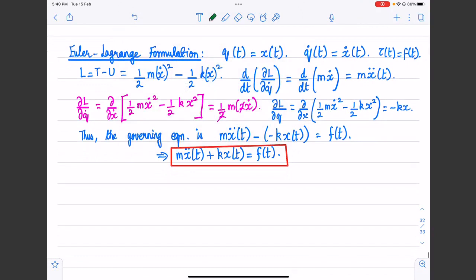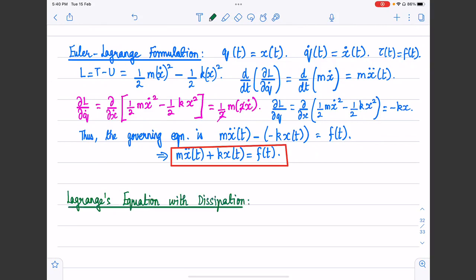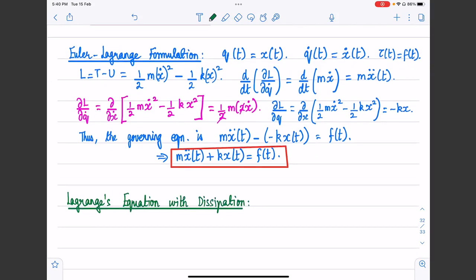All right. I am going to now write down the Lagrange's equation with dissipation, and then I will give you an exercise problem to essentially learn how we can use this.